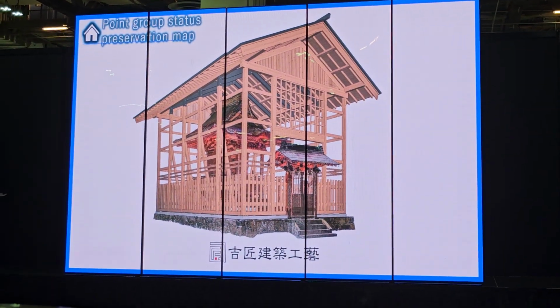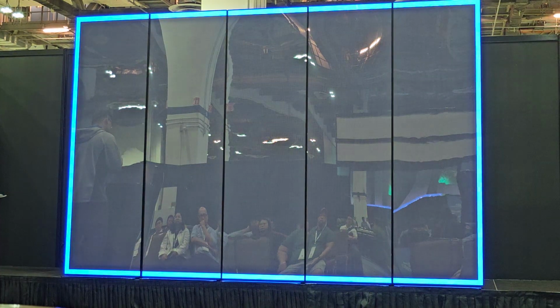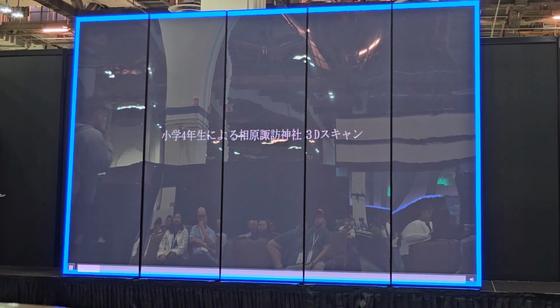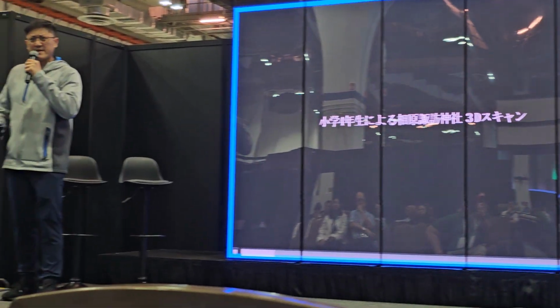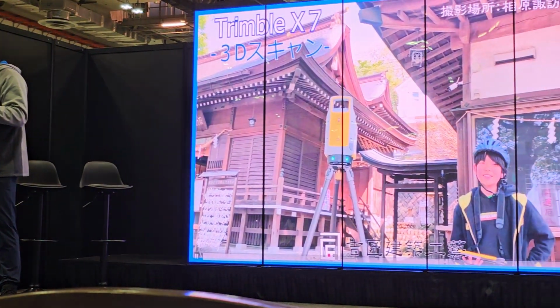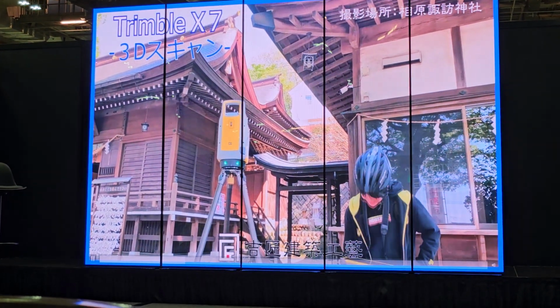So I just want to cap this off by showing a video of him. In fact, his son, who is in, I think, elementary school, primary 4 by Singapore standards, using the Trimble 7 scanners. There's no sound, it's okay.